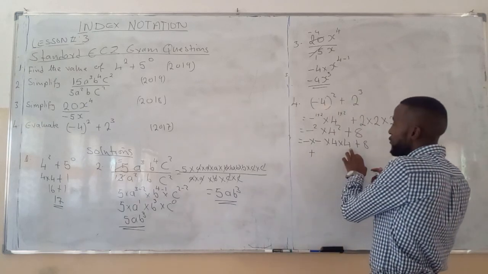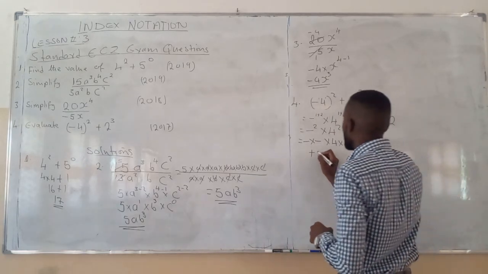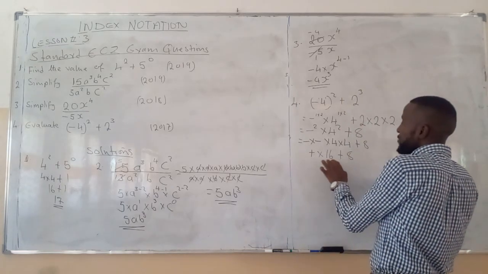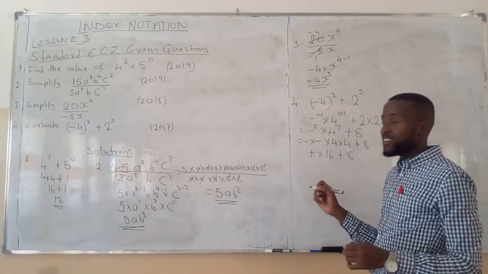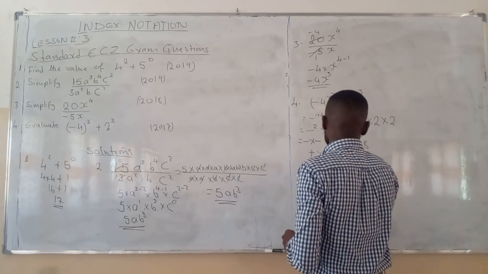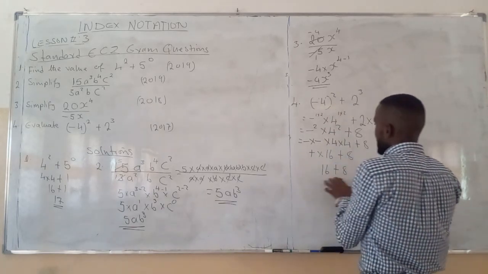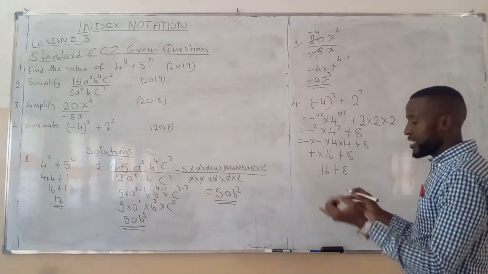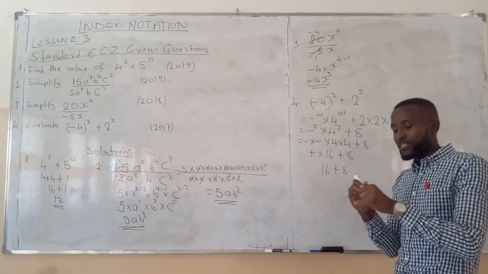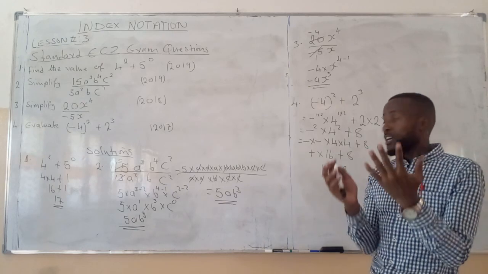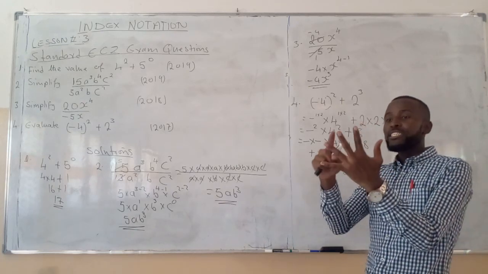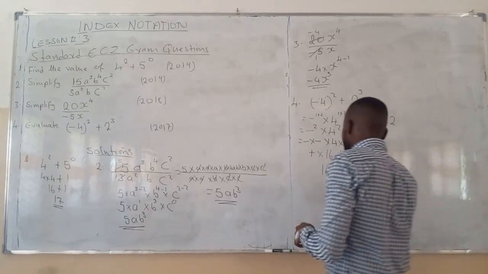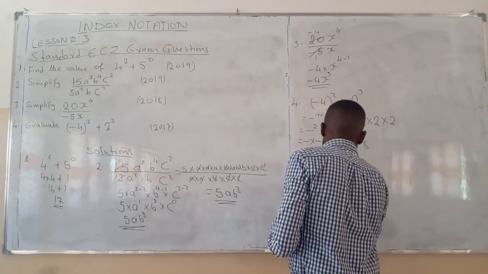Then 4 times 4, the answer is 16. Plus 8. 16 plus 8, what is the answer? Let us use our fingers, let us not play smart here. 16, 17, 18, 19, 20, 21, 22, 23, 24. So my answer will be 24.